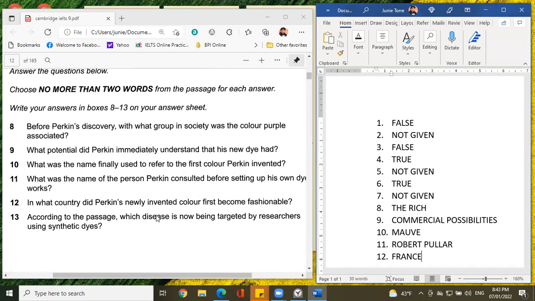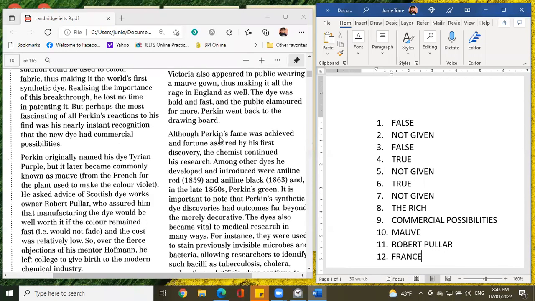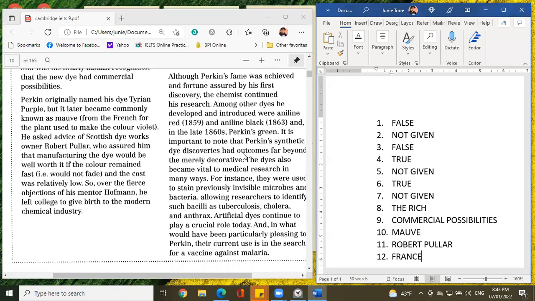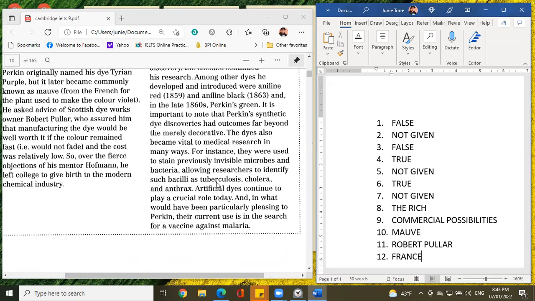According to the passage, which disease is now being targeted by researchers using synthetic dyes? Here, they were used to stain previously invisible microbes and bacteria, allowing researchers to identify such bacilli as tuberculosis, cholera, and anthrax.